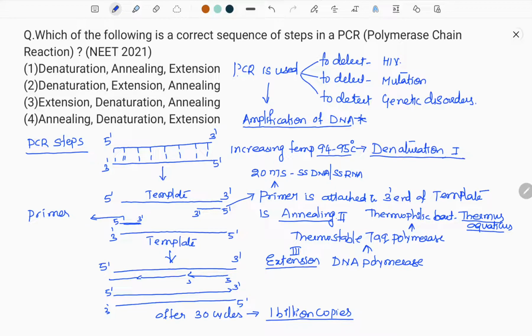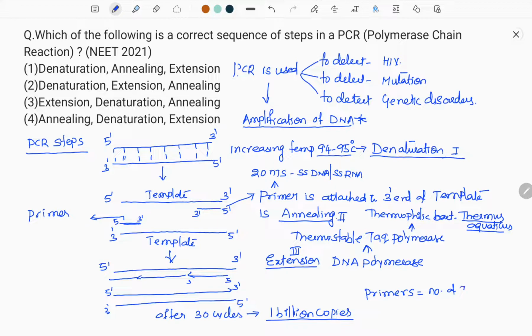So for one cycle, from one DNA, 2 DNAs are made. So here always remember the number of primers is equal to the number of DNA strands, that is, from 2 primers, 2 DNAs are made.